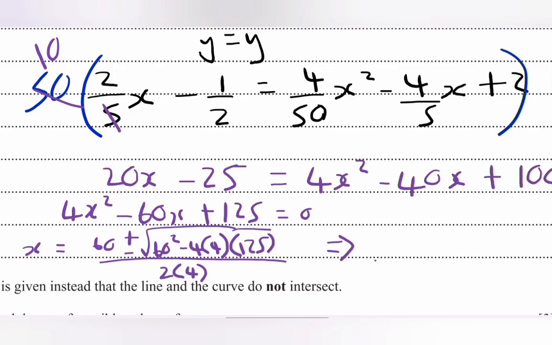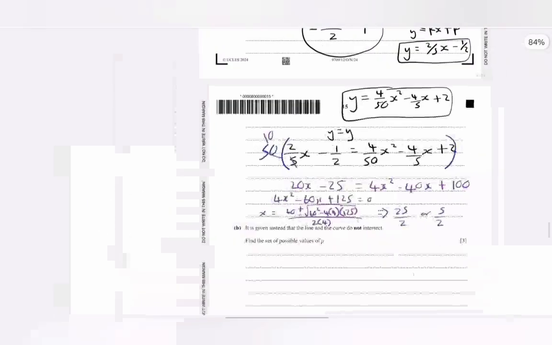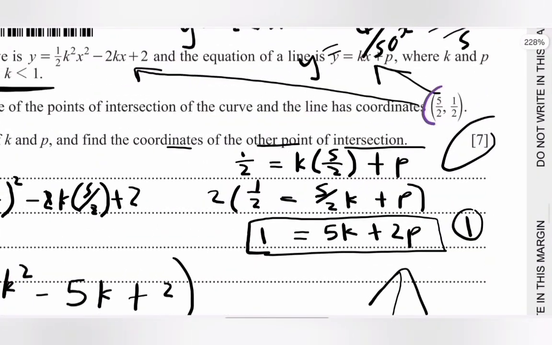So 60 plus root of 60 squared minus 4ac over 2a is giving me 25 over 2, or the other value, which is 2.5, 5 over 2. So these are the x values that we have, but for the coordinate that we're given, we already have 5 over 2.